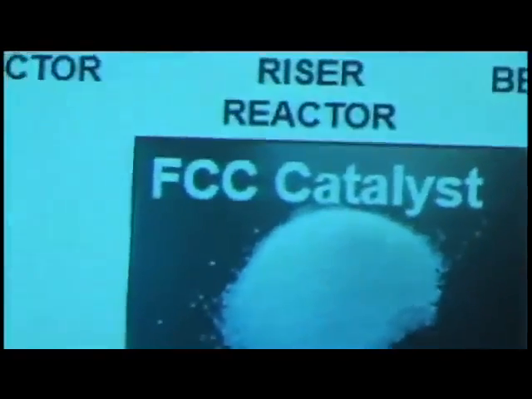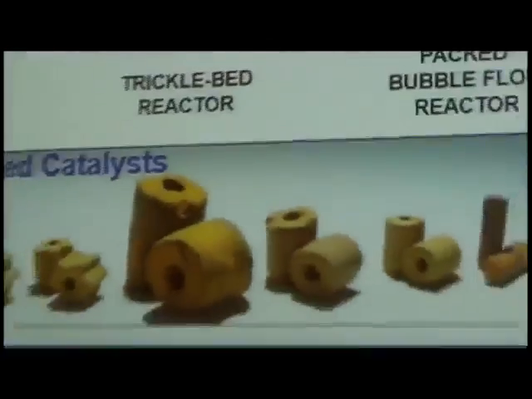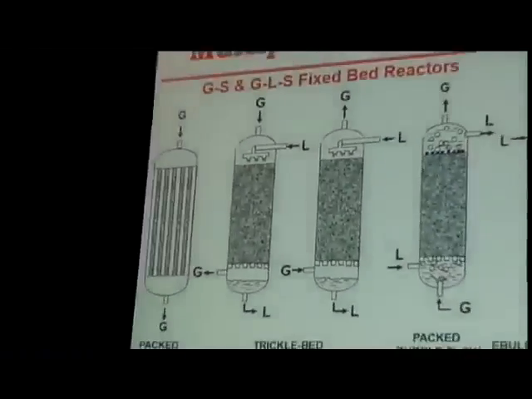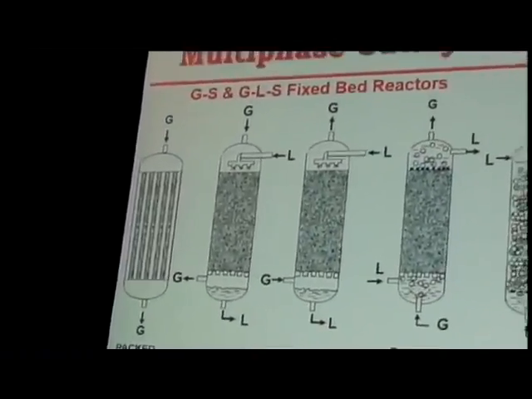Now, we need to think about the reason why we need to study commercial catalysts in the first place. And really the driver for this is the array of chemical reactors that are used in practical processes.